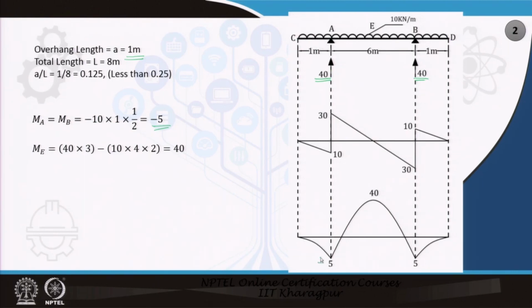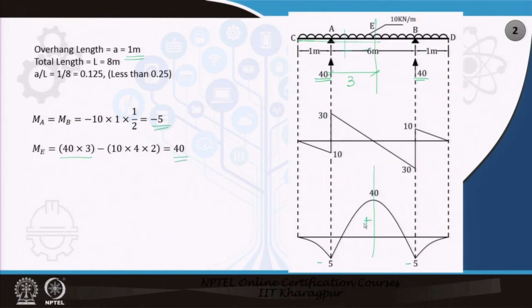So it is minus 5, and I have also computed the bending moment at the mid section. This is 40 into 3 minus 10 into 4 into 2, because 10 into 4 is the total load and it acts at 2. So it is plus 40.